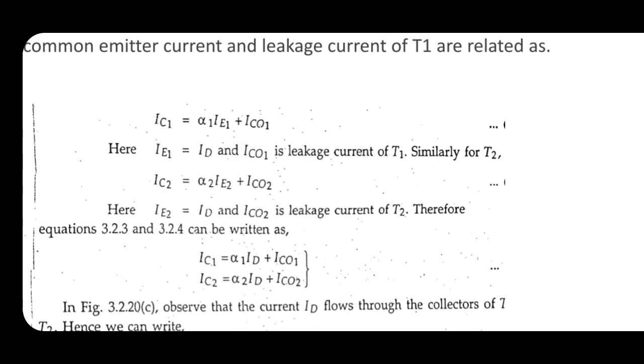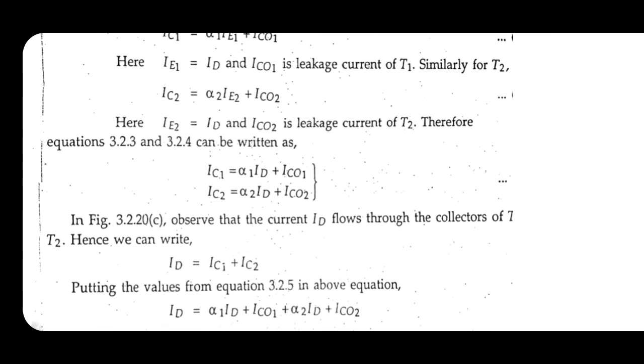Similarly for T2, IC2 is equal to alpha 2 IE2 plus ICO2. Here IE2 is equal to ID and ICO2 is the leakage current of T2. Therefore, these equations can be written as IC1 is equal to alpha 1 ID plus ICO1, and IC2 is equal to alpha 2 ID plus ICO2.